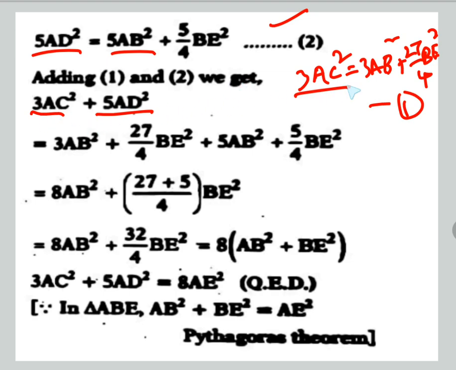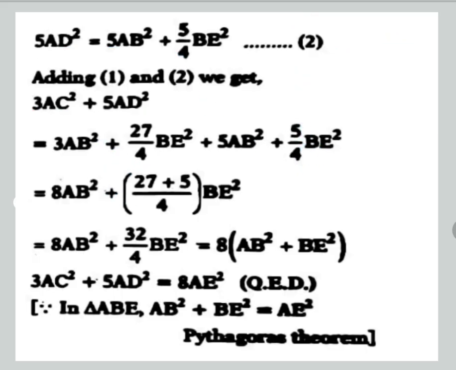First, 3AC square equal to 3AB square plus 27 by 4 BE square, plus this is 5AB square plus 5 by 4 BE square. So now 3AB square plus 5AB square is 8AB square, 27 by 4 BE square, 5 by 4 BE square, that equal to 27 plus 5, 32 by 4 BE square.